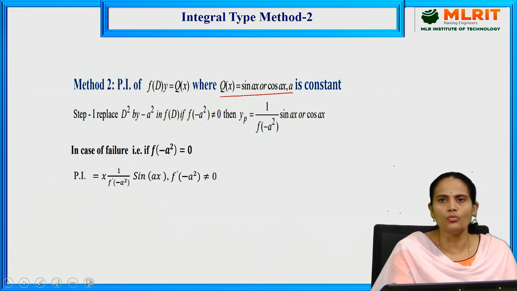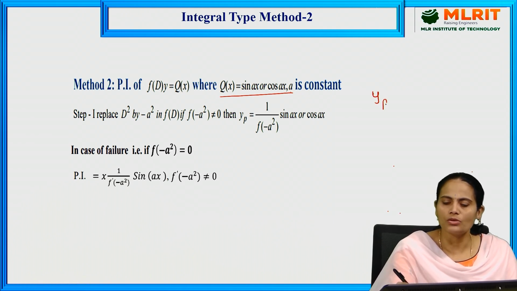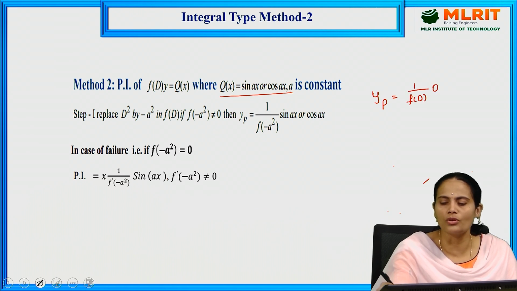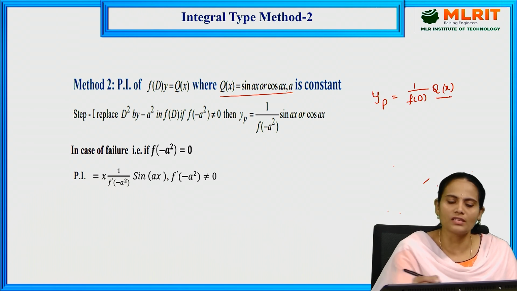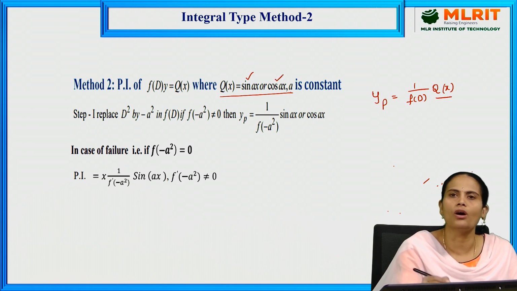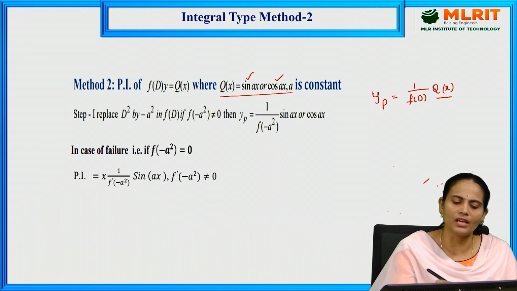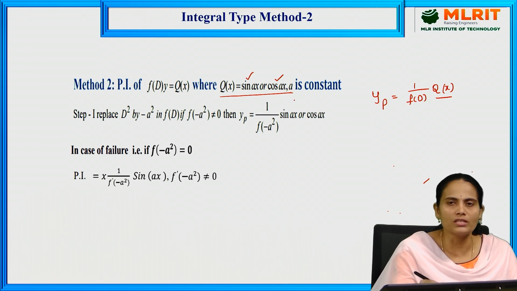We know that yp is defined as yp equal to 1 by f of D into Q of x. Here Q of x is either sin ax or cos ax, and the working rule is the same for both.